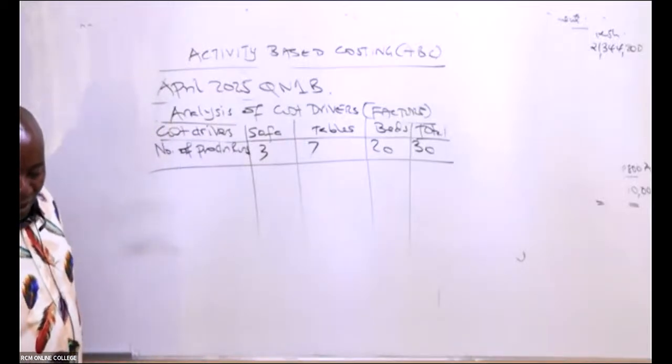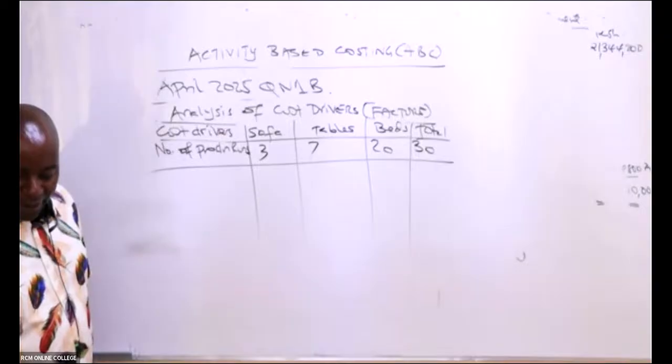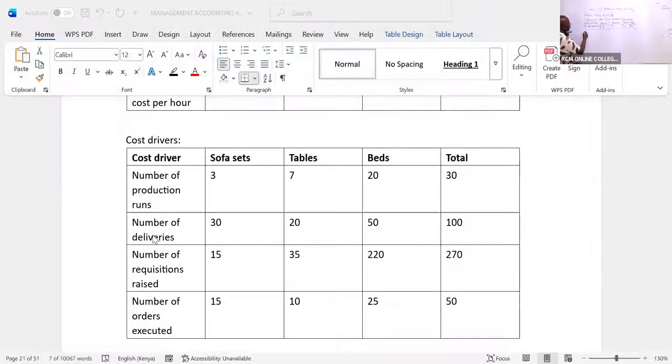So now I can go to the others without much thought, now that you have the structure. The second one is number of deliveries. So deliveries, we have 30, 20, 50, giving us 100.